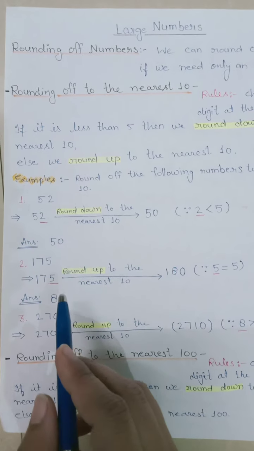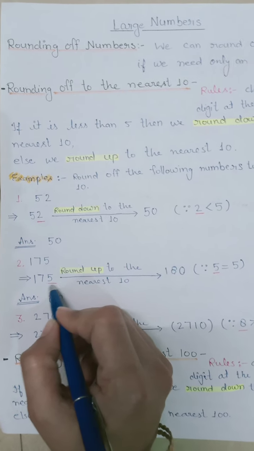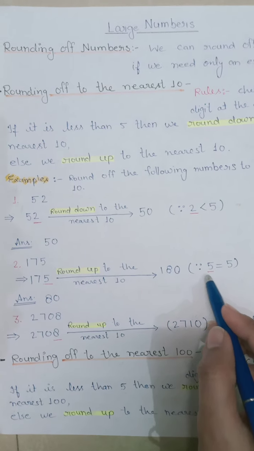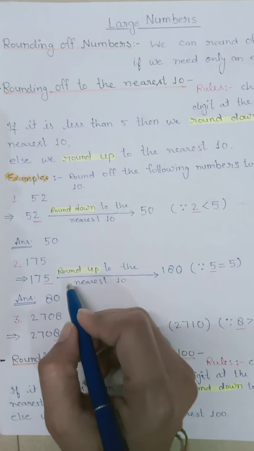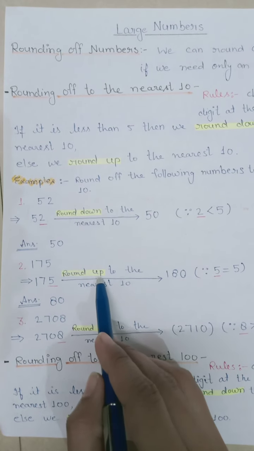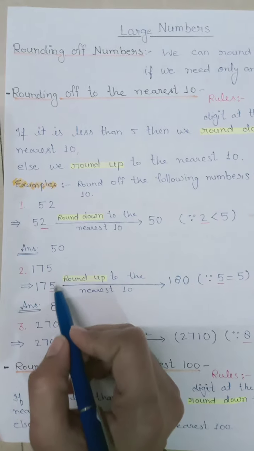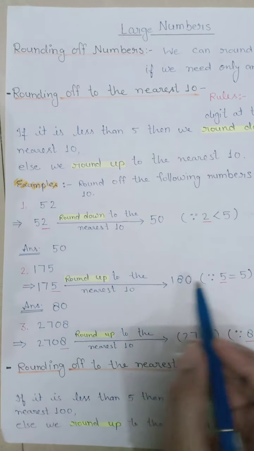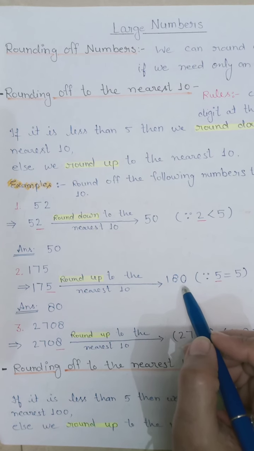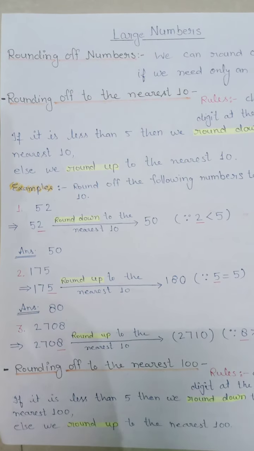So again, look here, which digit is at the ones place? It is 5. Now we know that if the ones place is 5 or above, then we have to round up to the nearest 10. If we round up, then at the tens place there will be 8. So 175 rounded off to the nearest 10 will be 180.